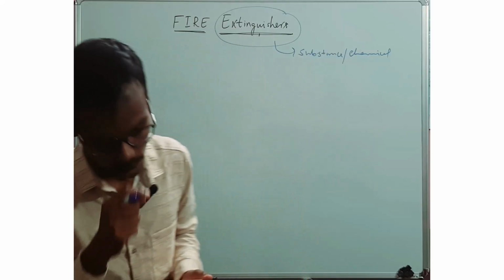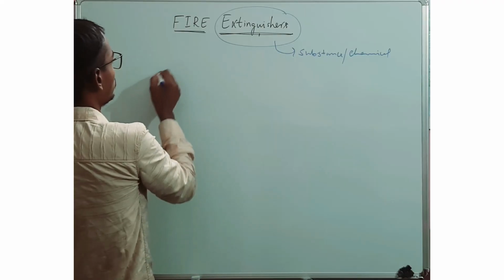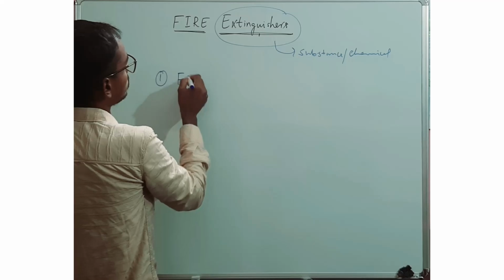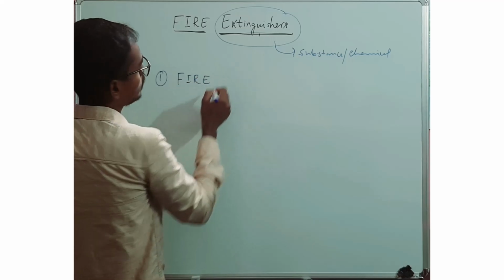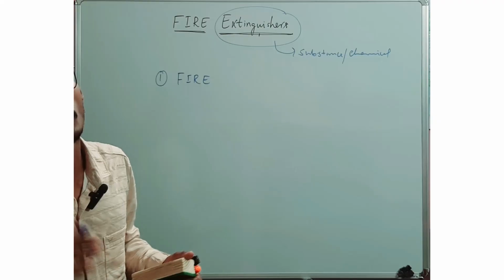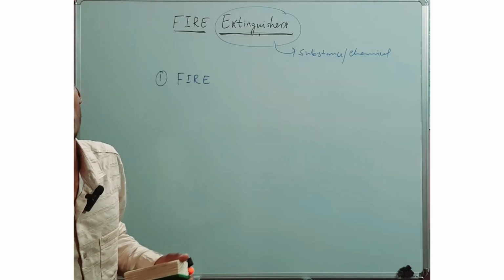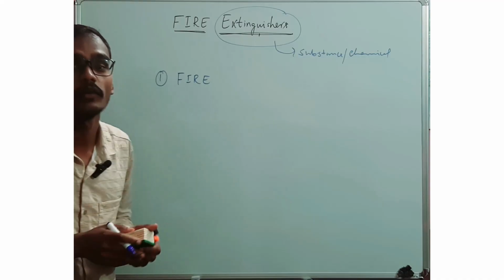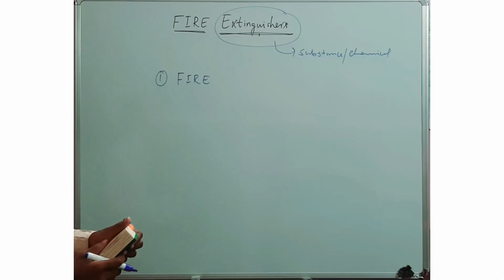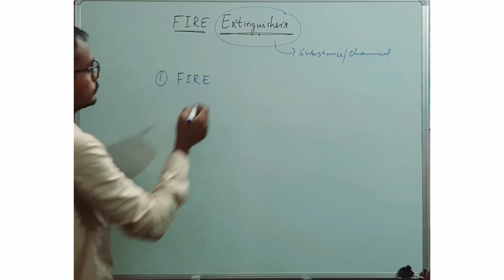For that, we have the fire triangle. Let's understand what the fire triangle is. After that, it is very easy to understand the extinguishers and how they work, and why we use a particular chemical. It is very interesting to know the extinguisher after knowing the fire triangle.